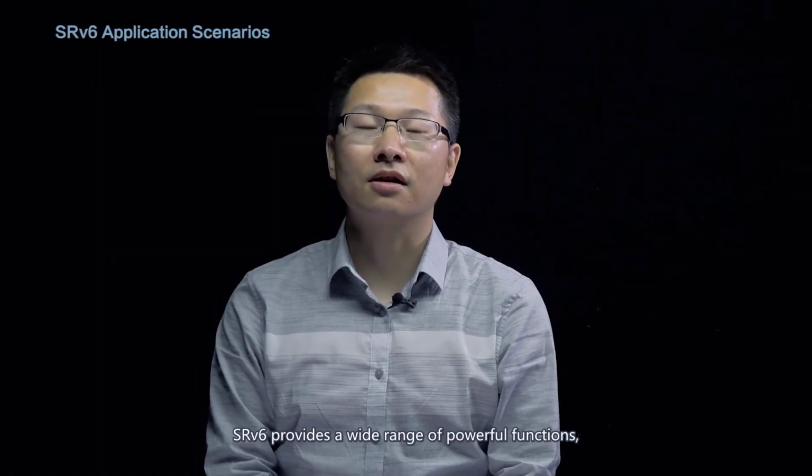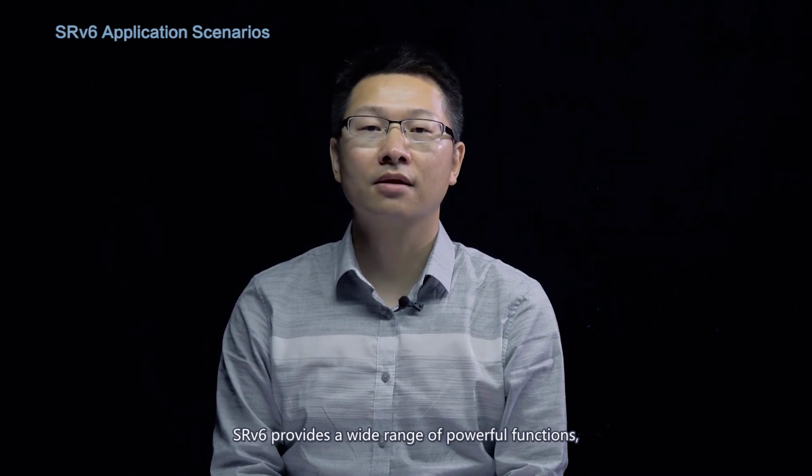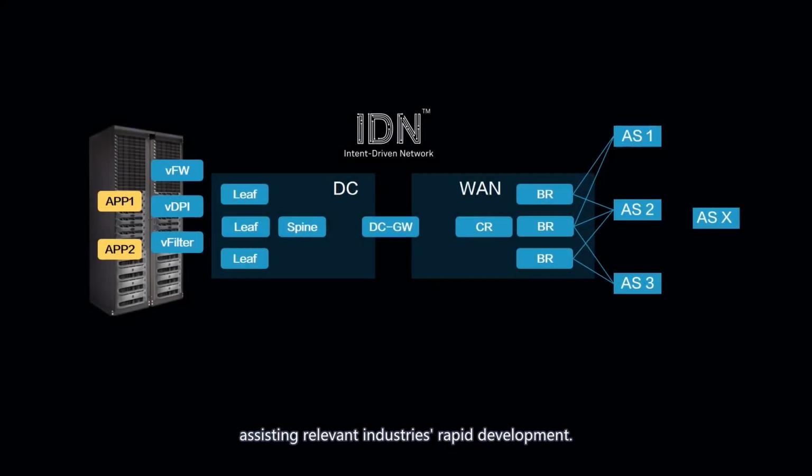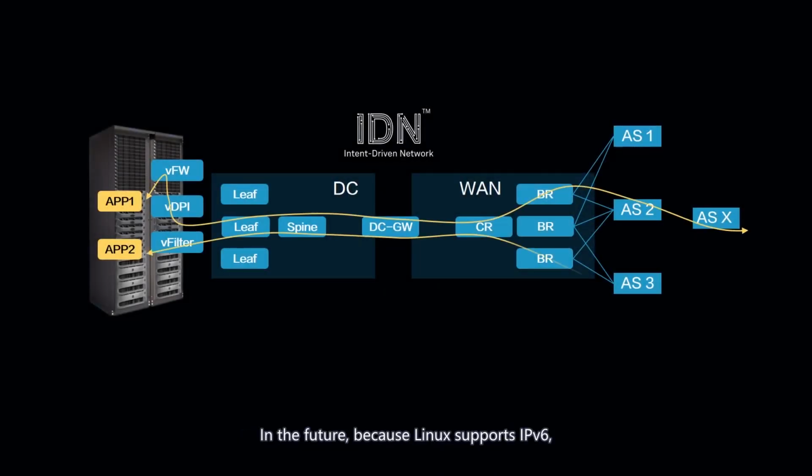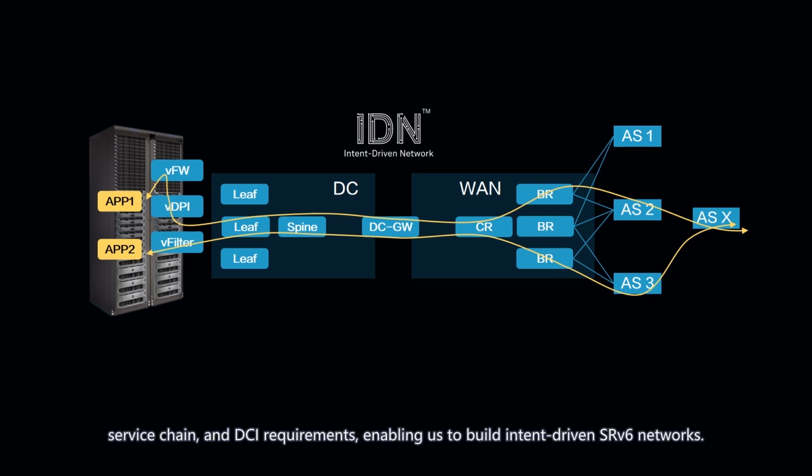SRv6 provides a wide range of powerful functions, assisting relevant industries' rapid development. In the future, because Linux supports IPv6, applications can construct SRv6 data packets to meet telco, cloud, service chain, and DCI requirements, enabling us to build intent-driven SRv6 networks.